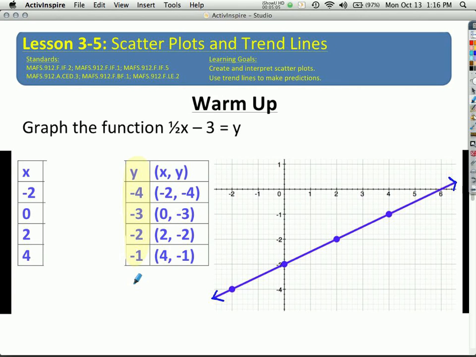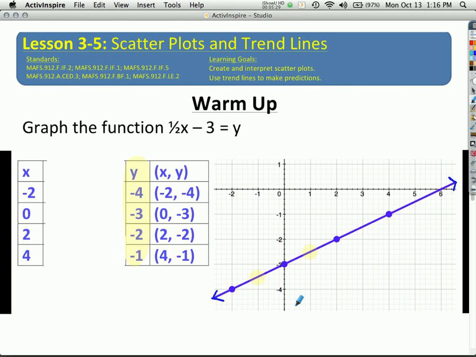Because if you plug in a 1 here, you end up with the ordered pair 1, -2, which is right there. If you plug in a -1, you end up with the ordered pair -1, -3, which is right there.